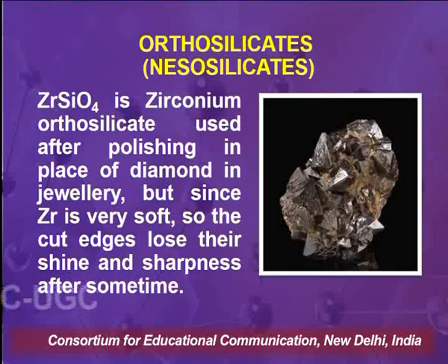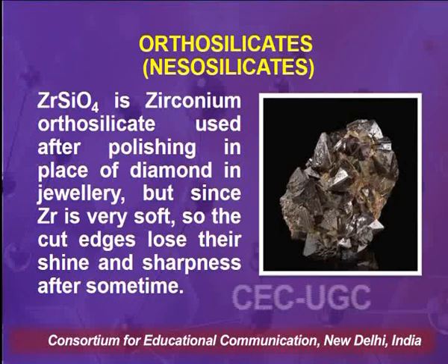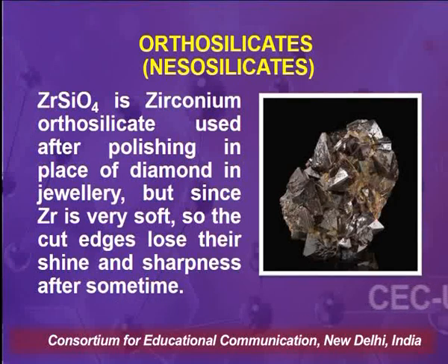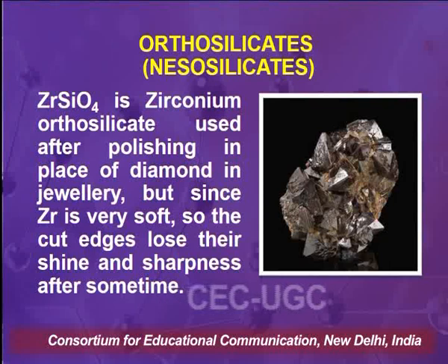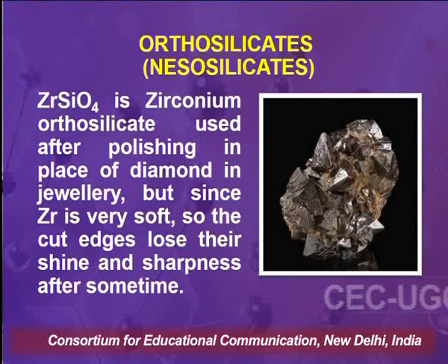Zirconium silicate, or zirconium orthosilicate as we call it, is a type of orthosilicate which is used after polishing in place of diamond in jewelry, known as artificial diamond or zircon.